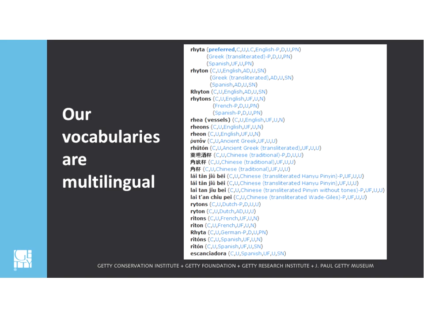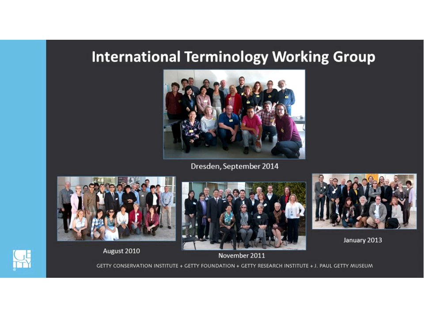We keep them clustered to the vocabulary record, because, first of all, it's part of the history of that object, but also because it increases retrieval, because we don't know if users will be searching on the transliterated Hanyu Pinyin version, the transliterated Wade-Giles version, the Chinese traditional version, or the English or Spanish or Greek or whatever. So we cluster together all of those linguistic variants.